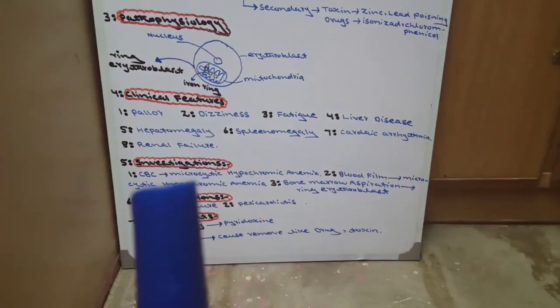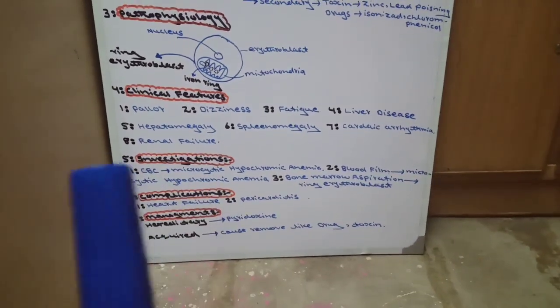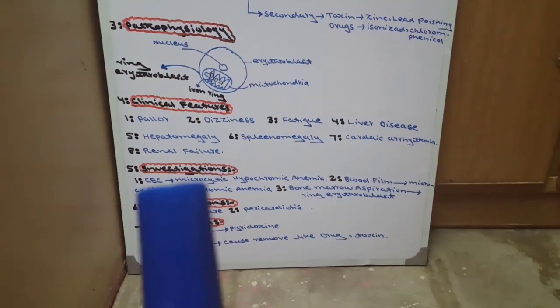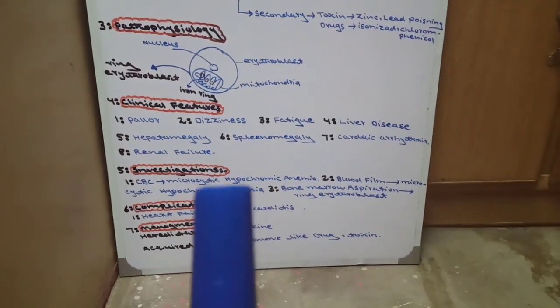Complete blood count shows microcytic hypochromic anemia: small cells, mean corpuscular volume less than 83, and hypochromic means pale color cells that have less hemoglobin.